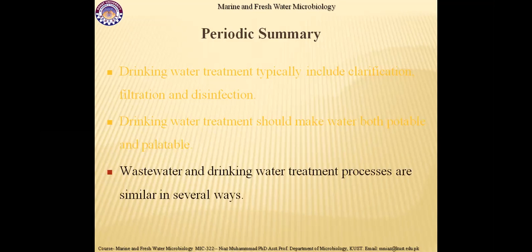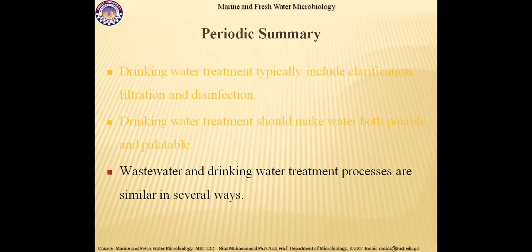Wastewater and drinking water treatment processes are similar in several ways. In which ways, if you remember? In both, whether it is wastewater or sewage water, first we remove all solid, suspended and bigger particles by screening or by coarse filtration.